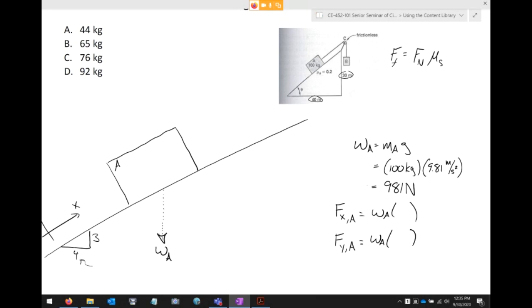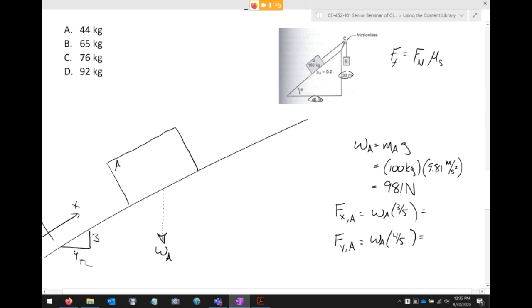So this one is going to be the 3/5. This is going to be the 4/5. If that's a little hard to follow, just remember this from statics when we did inclined rollers. When you have a slope ratio, but you want to determine the X and Y component, you flip them. So that's kind of what we're doing here.